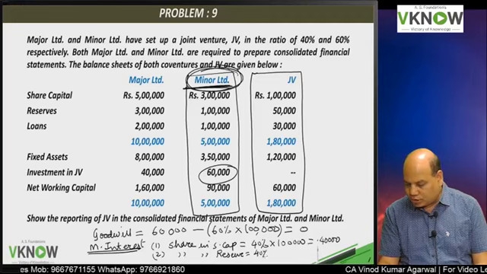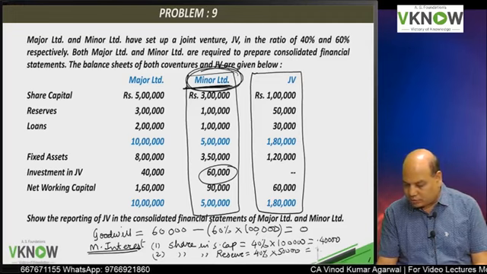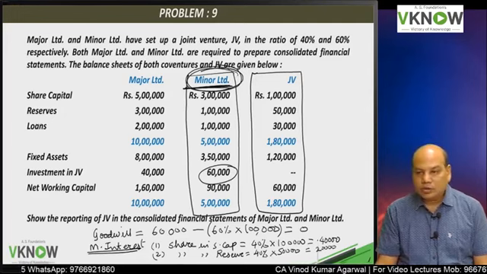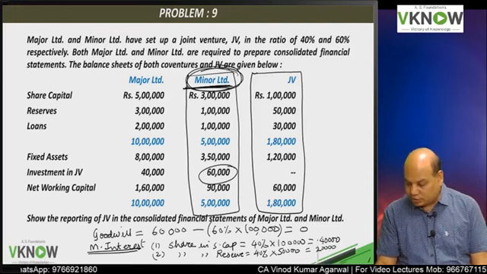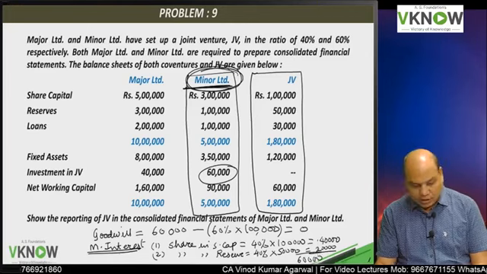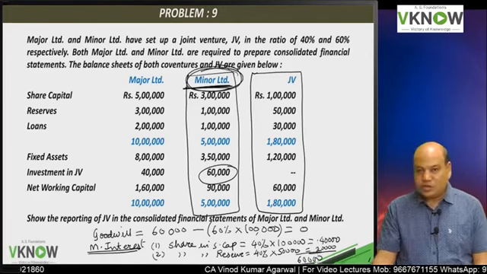I hope you have studied AS21. If you have not studied AS21, then don't try this question, then it will be difficult. So that is 20,000. So total minority interest in the consolidated balance sheet will be 60,000.